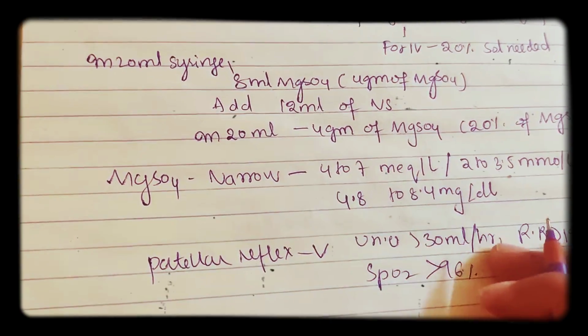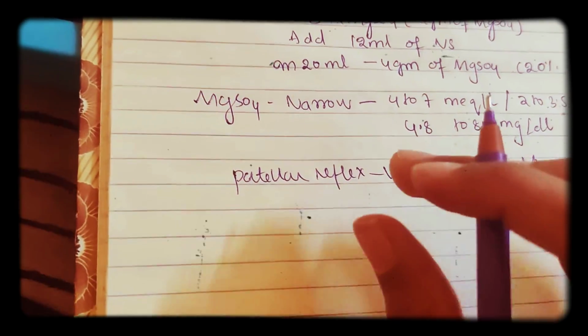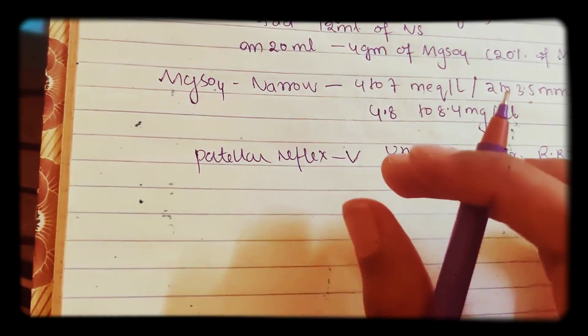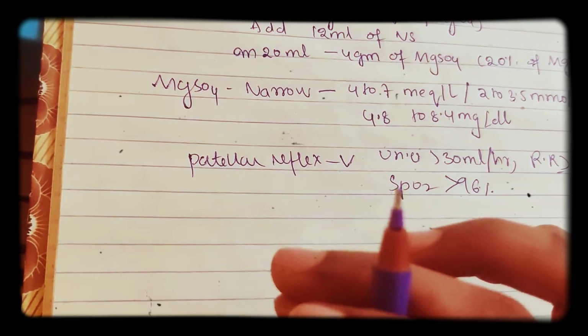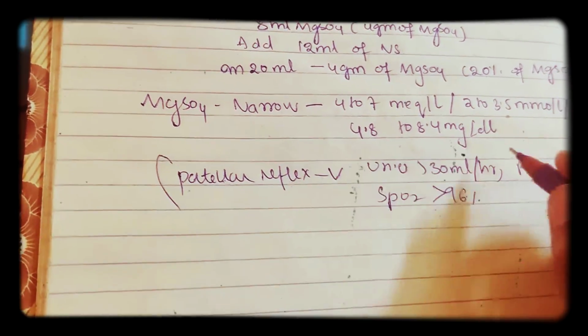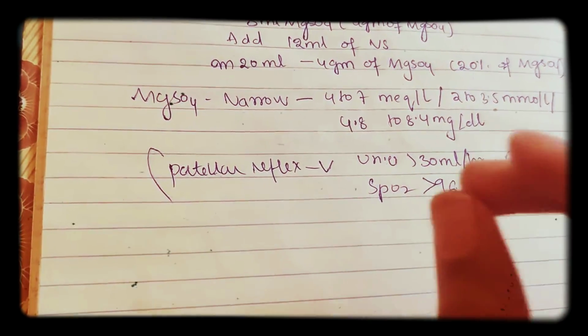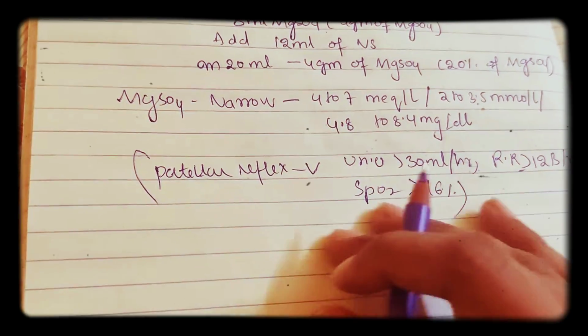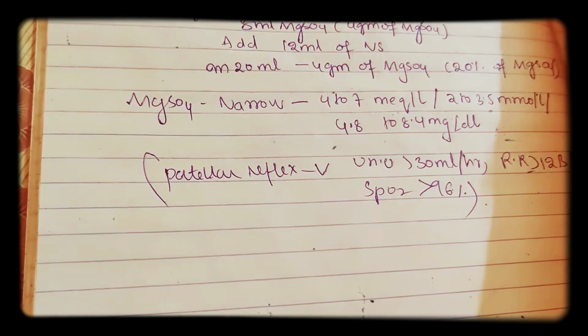If any of these values or conditions is abnormal, then we should not give the maintenance dose. Okay, very important. We should be very careful with the maintenance dose. If any of this is not followed, it may lead to abnormality.